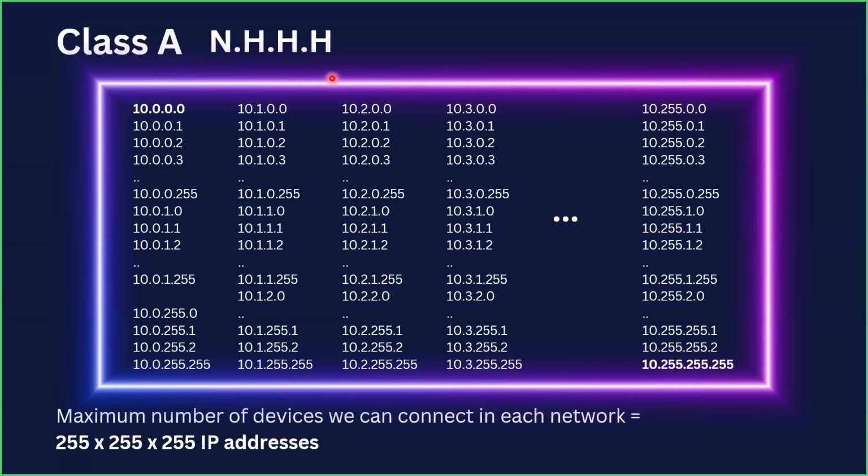All of these organizations go for Class D and Class E public IPs. They're not given to us for our internet access. That's the classification of all the five classes, where we use each class and what the purpose of each class is.